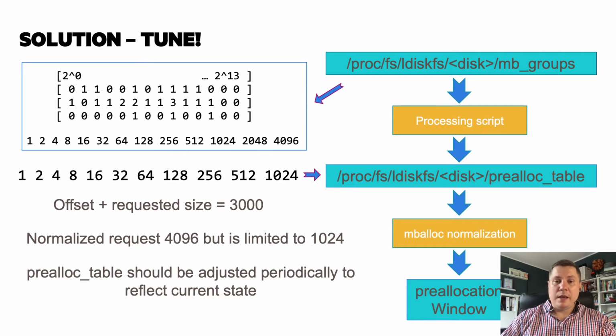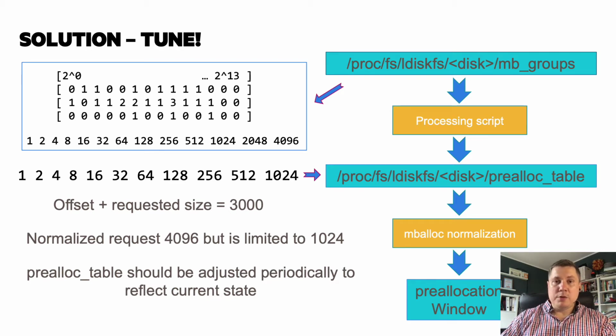The first is based on mb_groups output. This file shows how many free block ranges exist in each group of the partition.